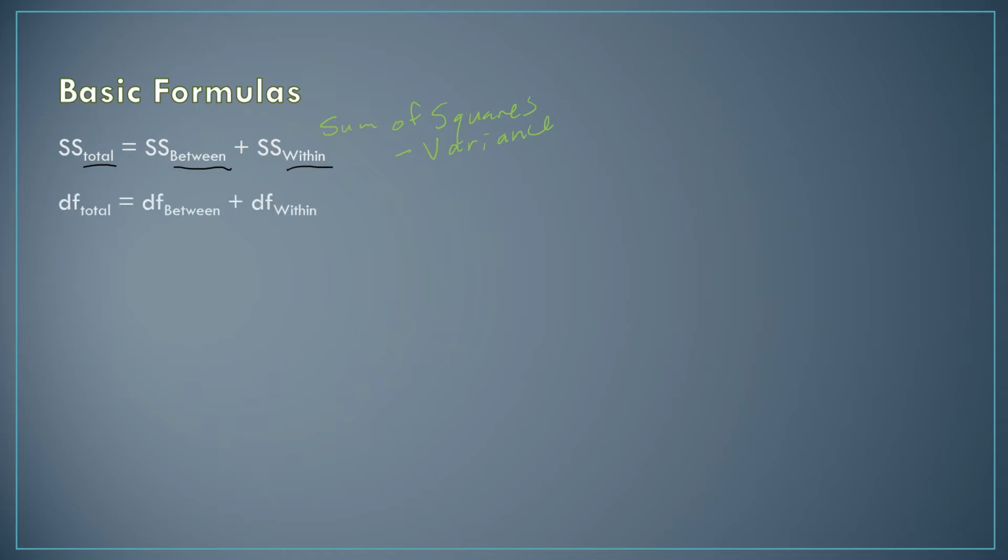Then we need to calculate our degrees of freedom. So we need to remember that our degrees of freedom are really all the little bits of information that we have and can use to run an analysis.